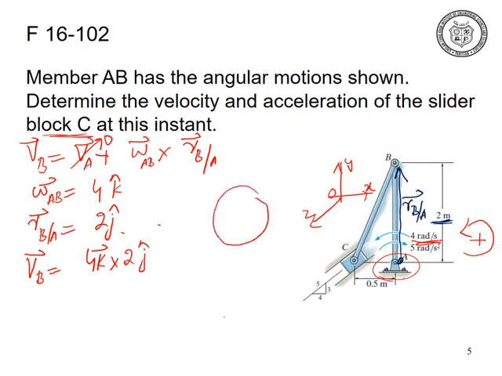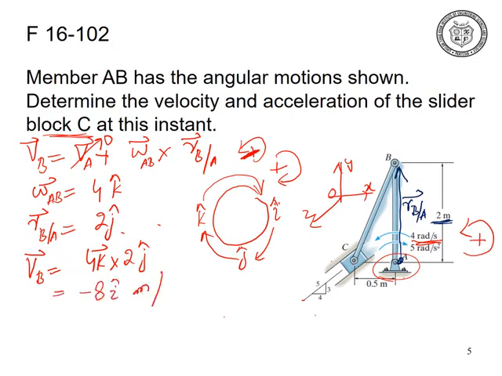Our convention is I cross J equals K, J cross K equals I, and K cross I equals J. So K cross J will be equal to minus I. This will be equal to minus 8I meter per second. This is the velocity of particle B.